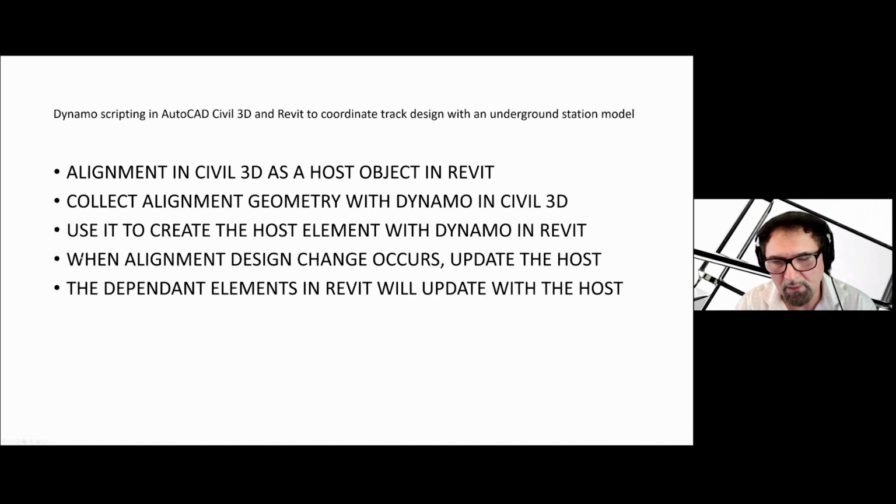Then what we're going to do, we're going to play with it a little bit. I'm going to grab the alignment design and make a change, and then see how that updates the host. What we're going to do then is the dependent elements in Revit will update with the host.